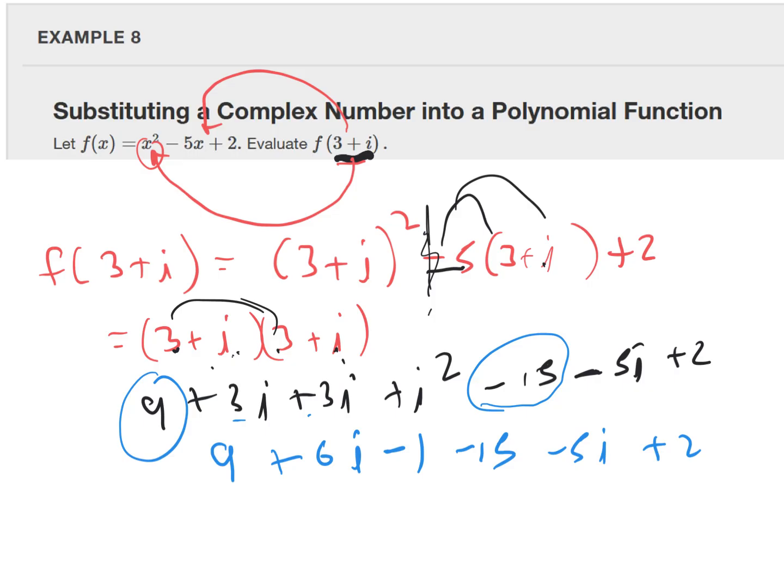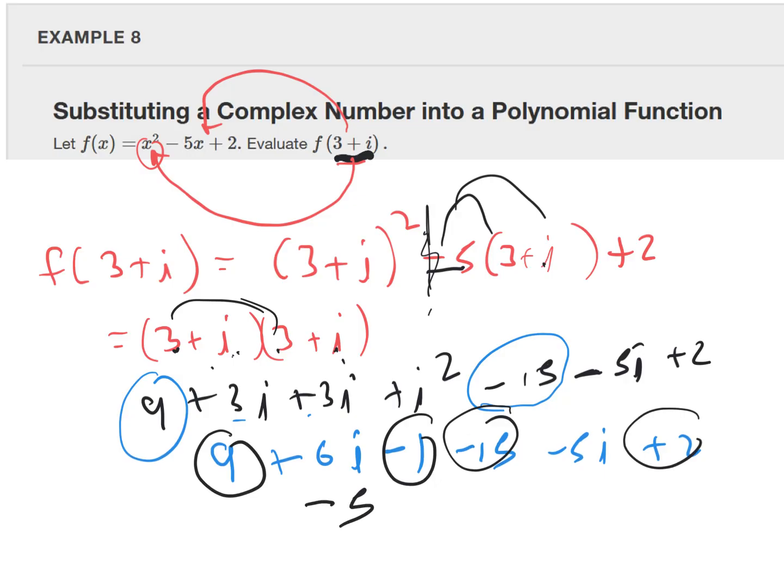I will do my real numbers first. 9 minus 1 is 8. 8 minus 15 is a negative 7. Negative 7 plus 2 is a negative 5. Okay, there's my negative 5.